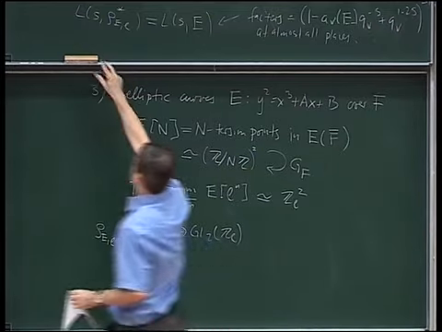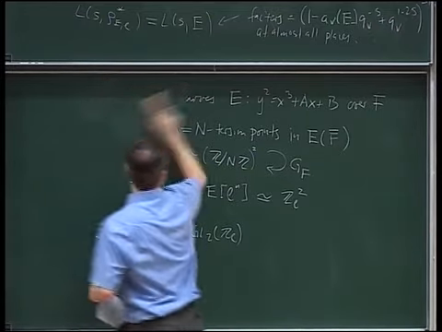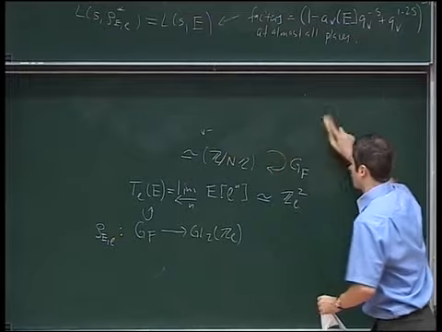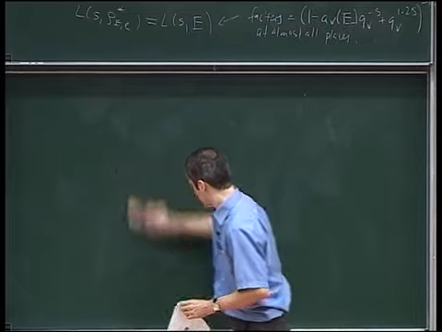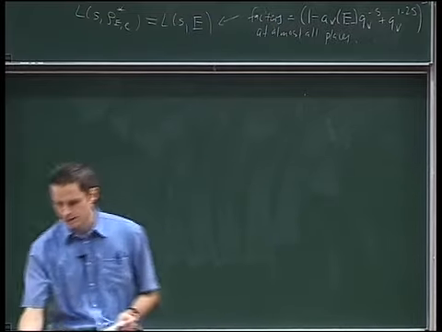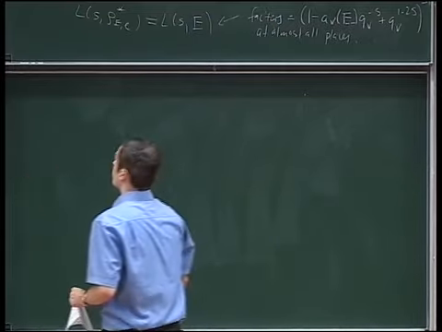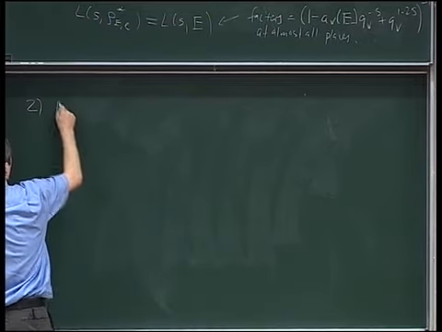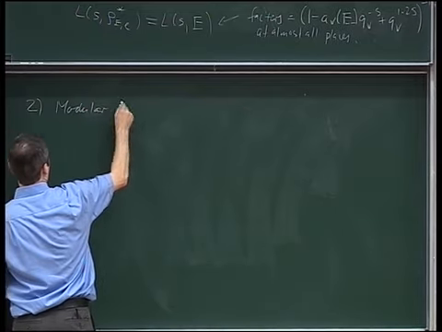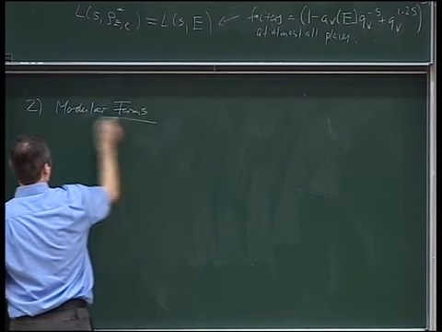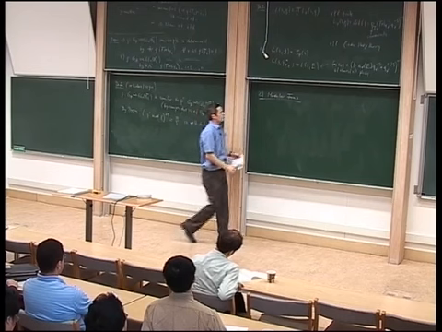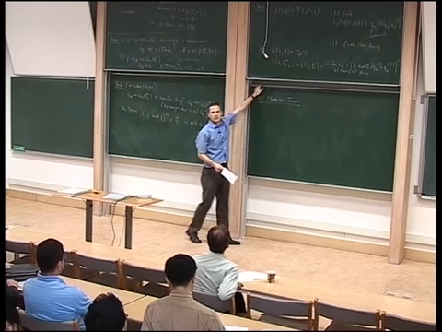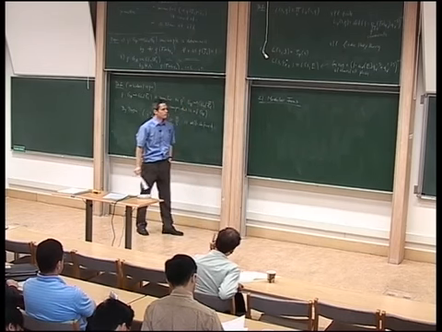Okay, so this concludes the section on Galois representations, and I now move on to modular forms. And we'll mainly be talking today about Hilbert modular forms or generalizations.